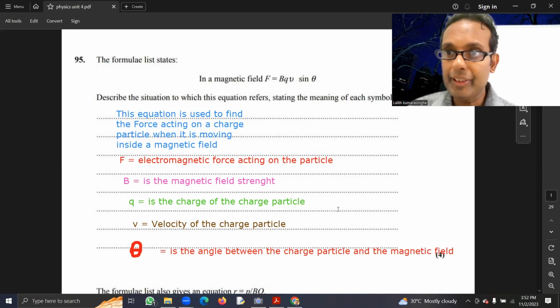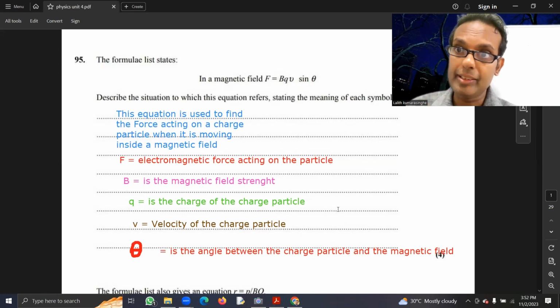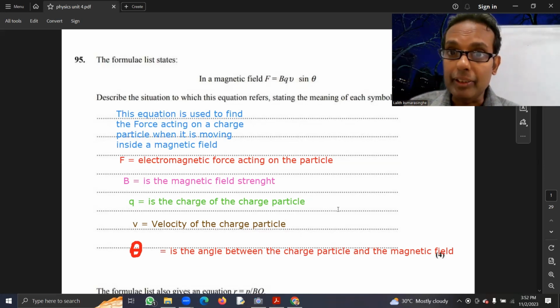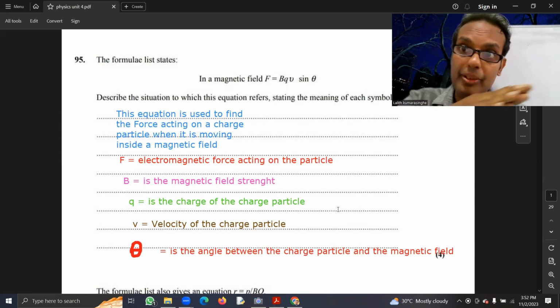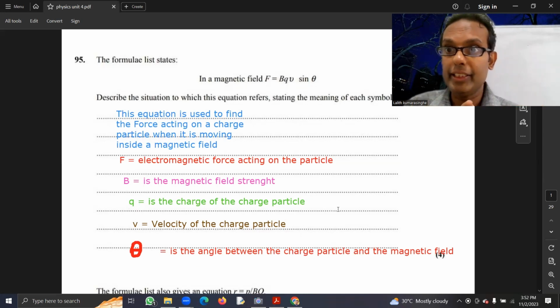Theta is the angle between the charged particle and the magnetic field. If the angle is 90 degrees, maximum force is applied. If the angle is 0 degrees, if the charged particle is moving parallel to the magnetic field, the force acting is 0.